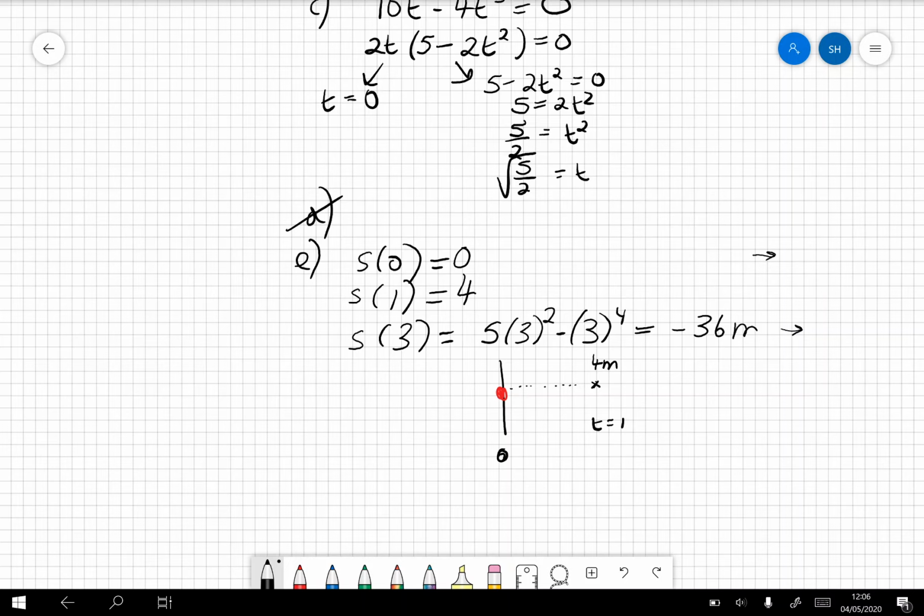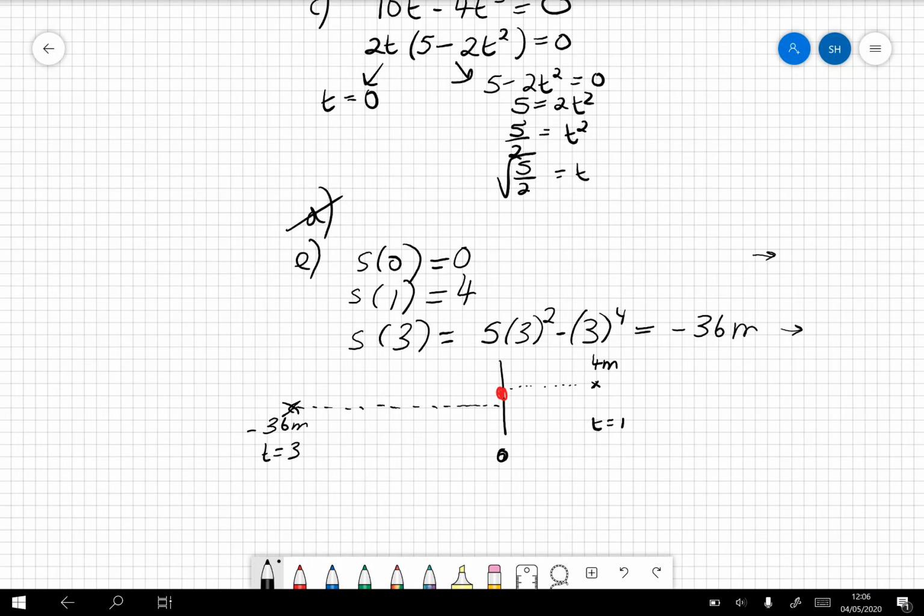So already I can say I've travelled further than 36, because I know I've ended up all the way down here at minus 36 meters when t is 3. And I went at least 4 meters forward, so I've gone at least 40 overall, the 4 and the 36.